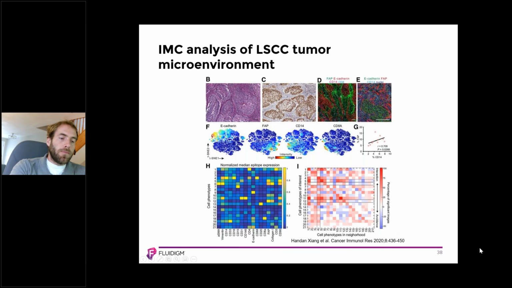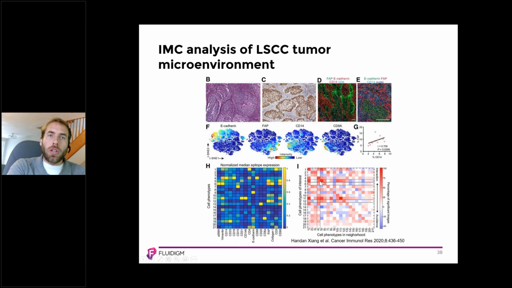And when you look at the neighborhood analysis of this data, right, you can see that these CAF fibroblast cell types were also interacting with monocytic cell types, right, which in this case would be cell phenotype 4. So here, cell phenotype 4 is characterized by high expression of CD14, CD16, right, and other markers of monocytes.